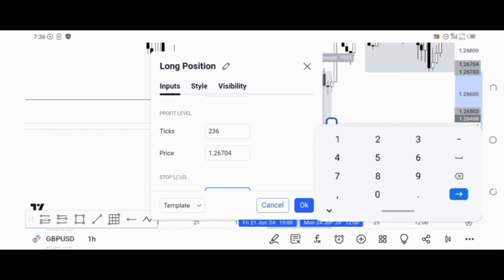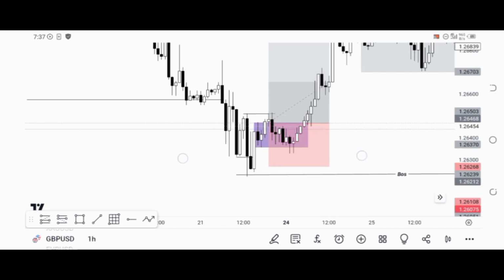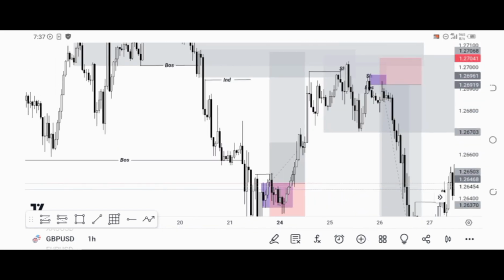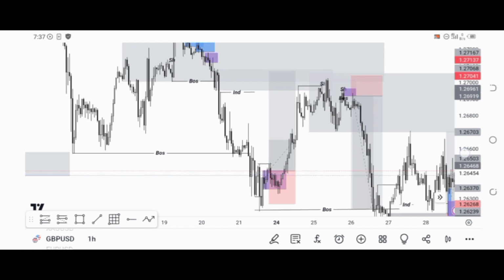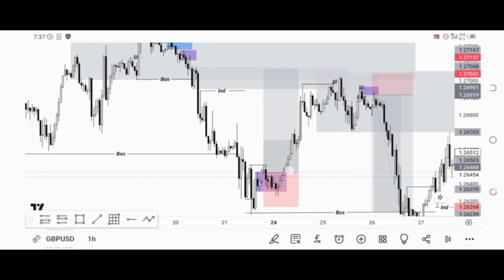Then our TP level 60 pips. Okay, so this is where our stop loss will be. Our stop loss will be here. Yeah, so this is the 20 pips.